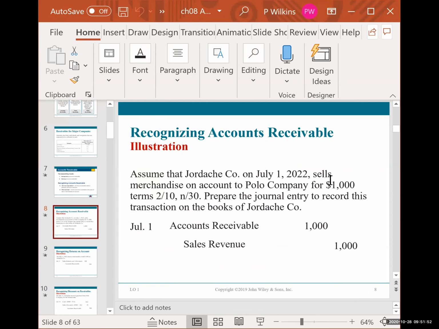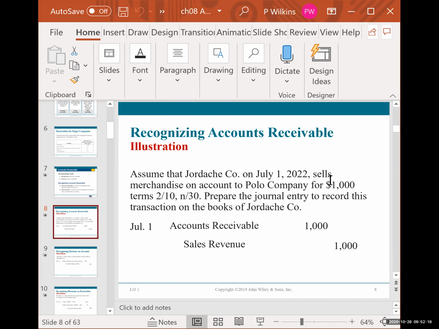Assume that DoorDash Company on July 1st, 2022 sells merchandise on account to Polo Company for $1,000. Terms 2/10, net 30, right? Remember the 2/10, n/30? Prepare the journal entry to record this transaction on the books of DoorDash Company. Now, we would debit accounts receivable $1,000 and we would credit sales revenue $1,000.